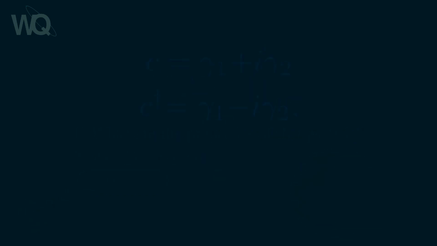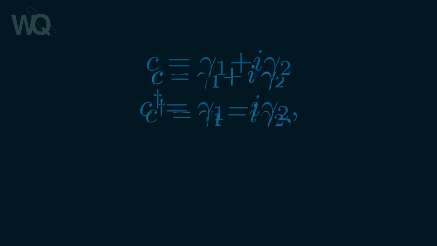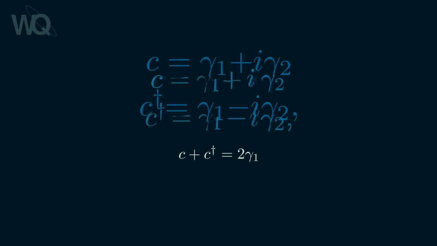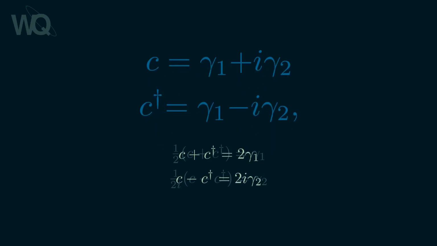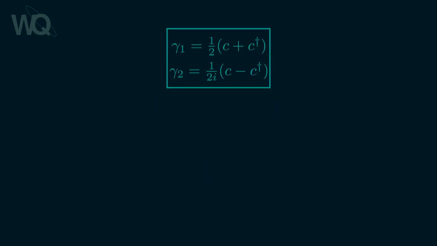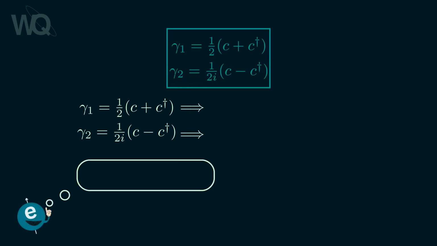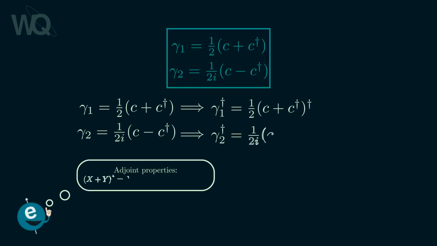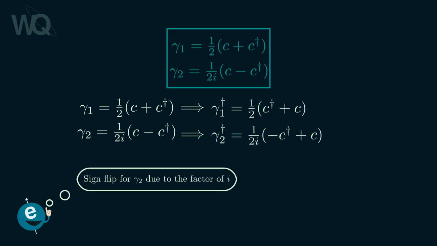Now, interestingly, when we rearrange the terms to express gamma 1 and gamma 2 in terms of the original creation and annihilation operators, we find something pretty cool. If we find the adjoint of gamma 1 and gamma 2, we find that gamma 1 dagger is equal to gamma 1, and similarly gamma 2 dagger is also equal to gamma 2.